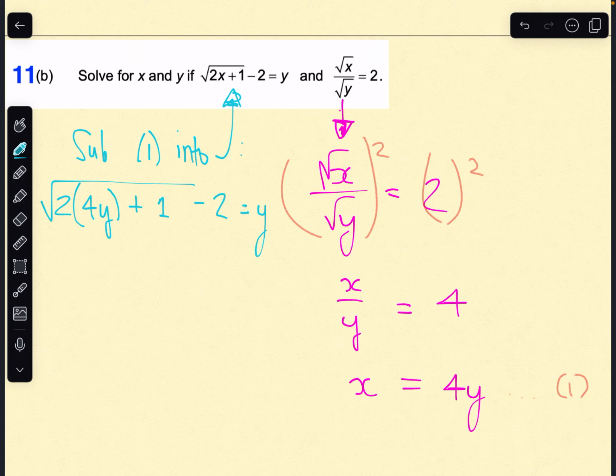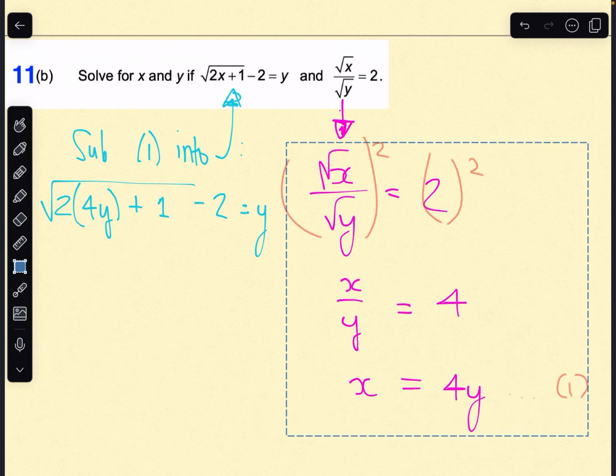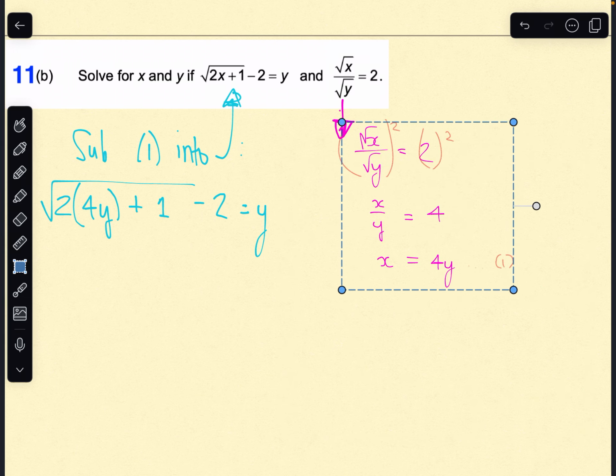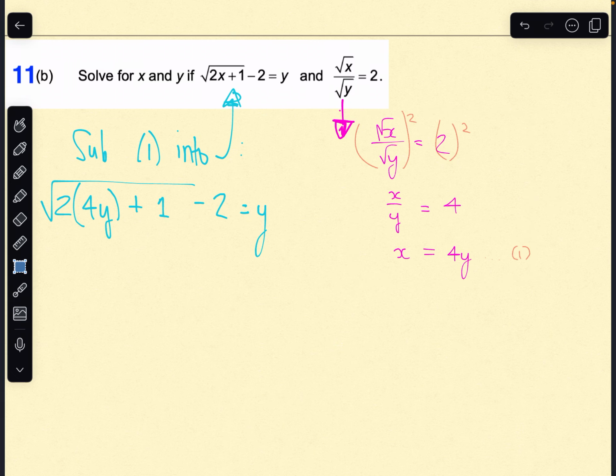Okay, so now we have 8y plus 1, square rooted, minus 2 is equal to y.